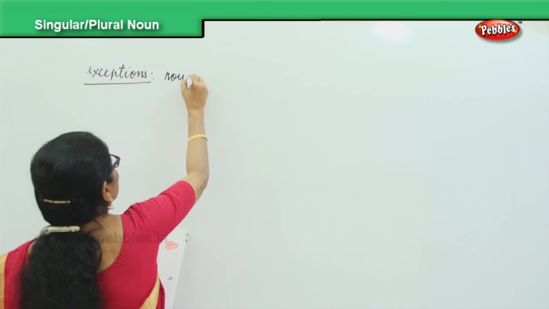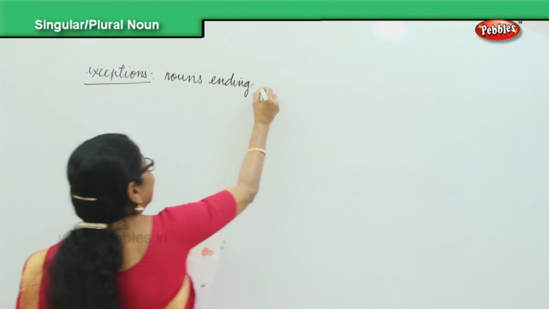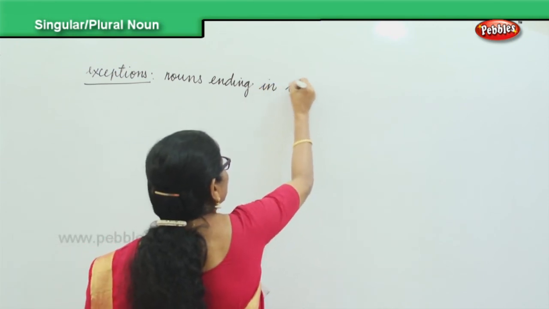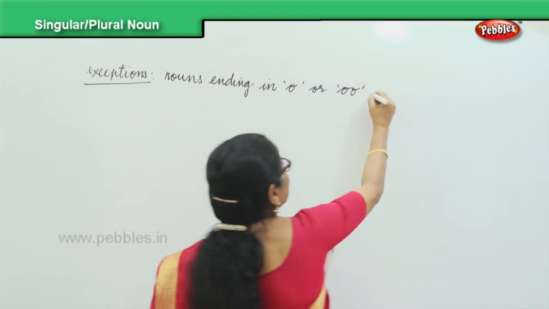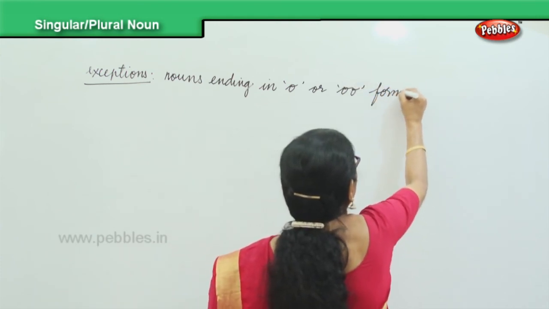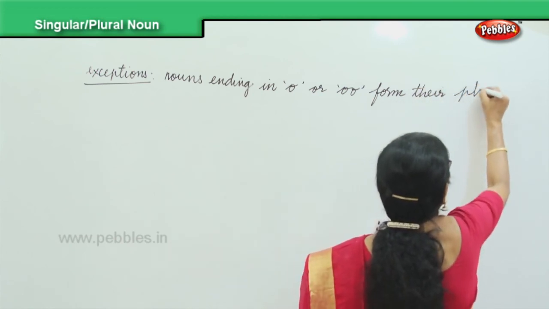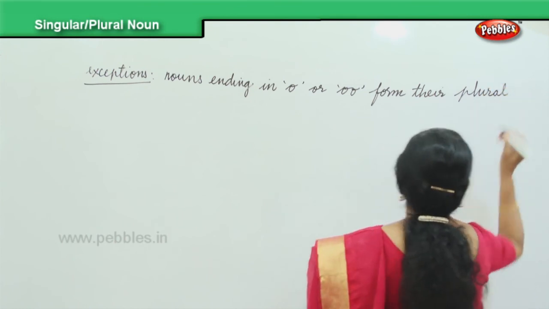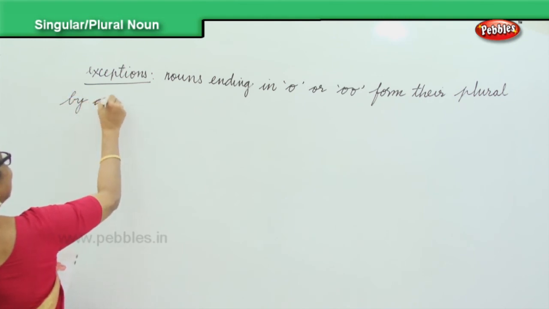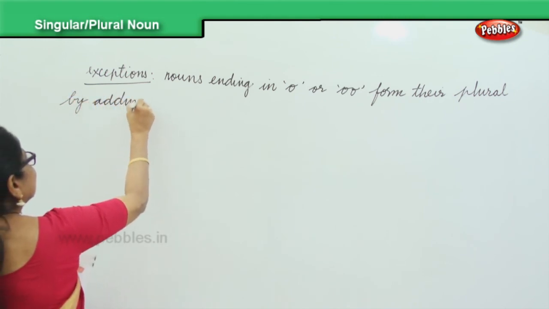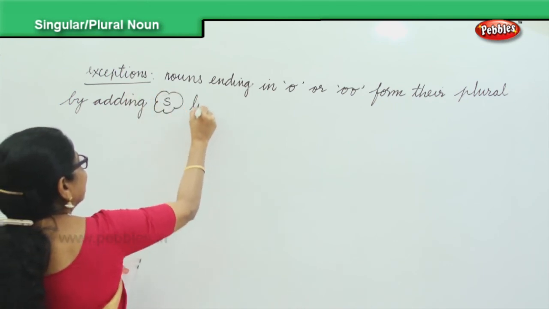Nouns ending in O or double O form the plural by adding S to the singular.